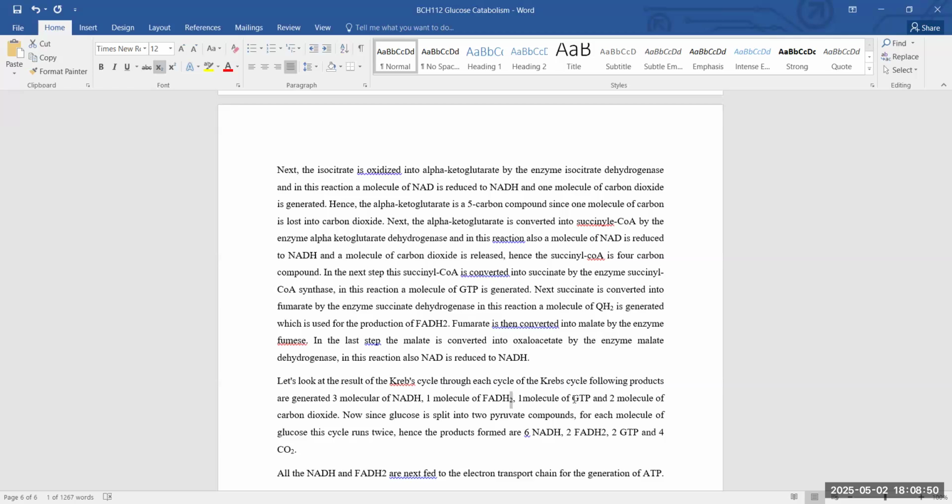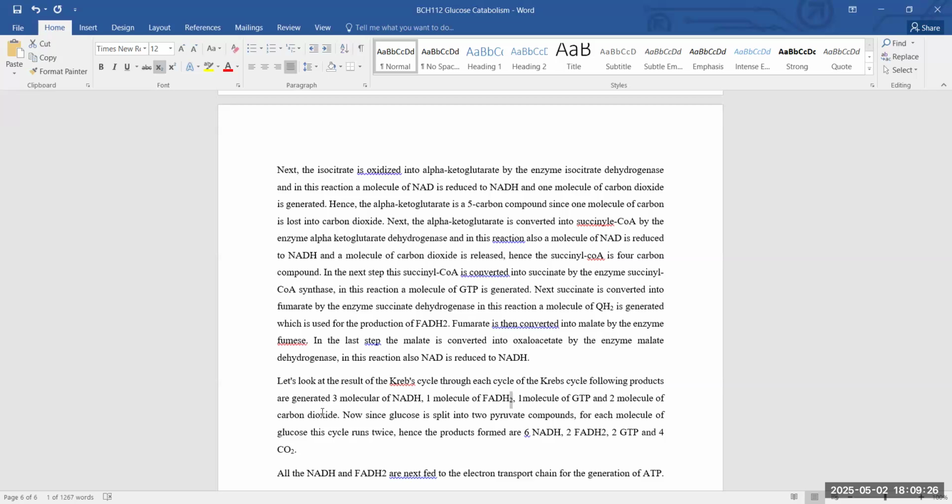So the end products of the TCA cycle as a whole, in the last paragraph you are seeing, are 3 molecules of NADH, that is nicotinamide adenine dinucleotide in reduced form, together with hydrogen, 1 molecule of FADH2, 1 molecule of GTP, and 2 molecules of carbon dioxide.